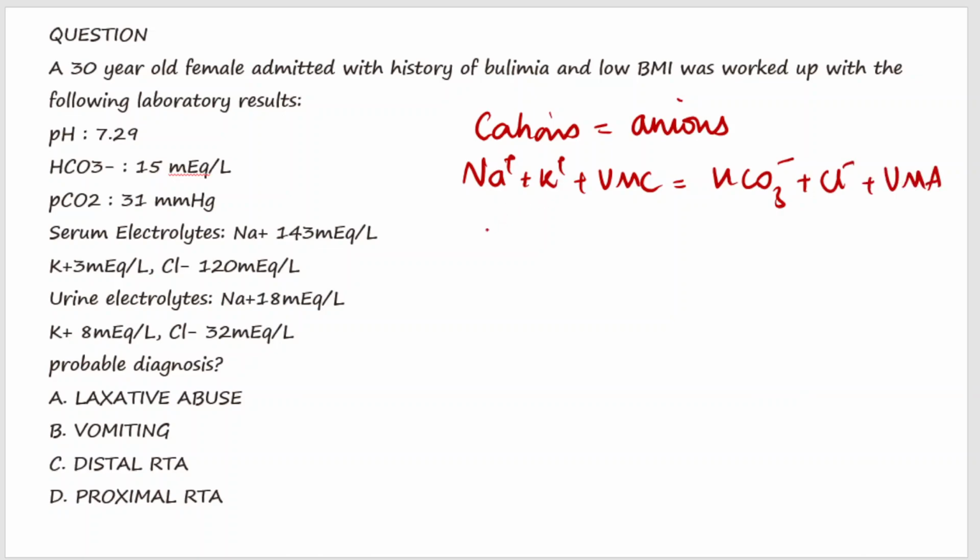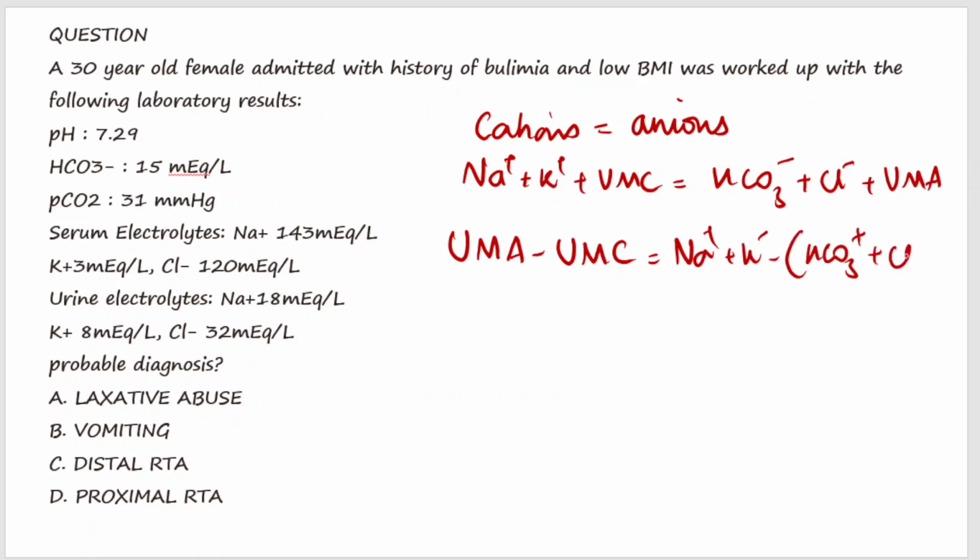When you rearrange this equation, unmeasured anions minus unmeasured cations would be sodium plus potassium minus bicarbonate plus chloride. The anion gap is nothing but the difference between the unmeasured anions and the unmeasured cations in your body.